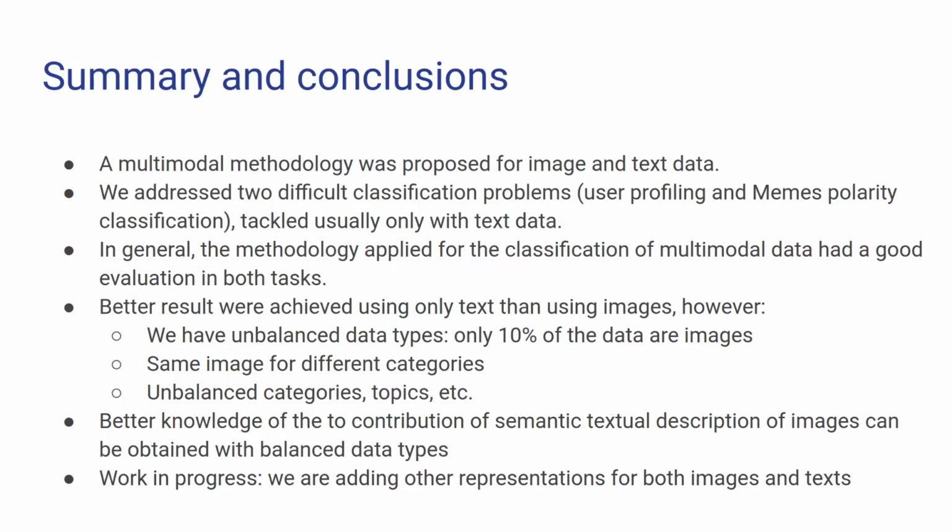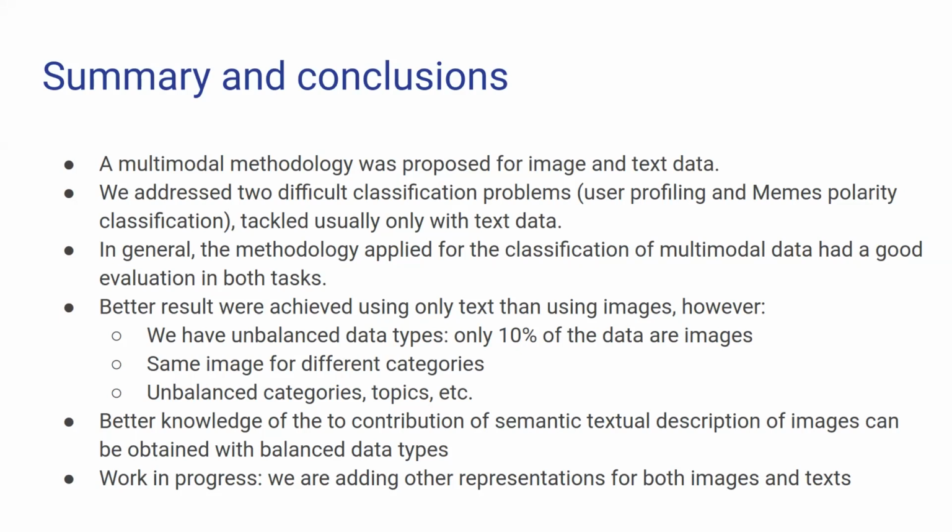But we have some characteristics or issues in the data. The first is that we have unbalanced data types, because we have only 10% of the data as images. So we have more text than images, and this is problematic for this task particularly. And another big problem is that we have the same image for different categories.